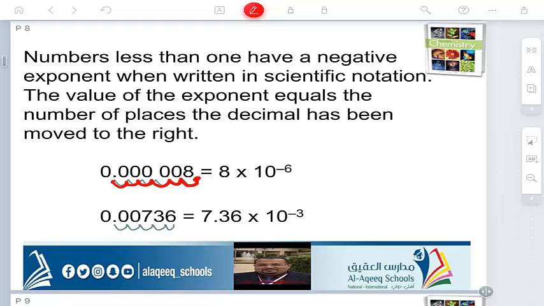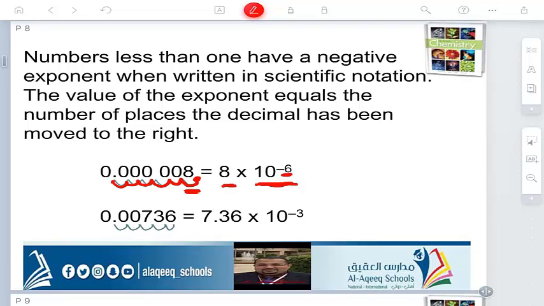Now you have 6 steps, 10 to the power of 6, but negative 6. Why? Because you moved to the right hand side. Also, you stopped at this point to make the 8 between 1 and 10. So the scientific notation here is 8 times 10 to the power of negative 6.